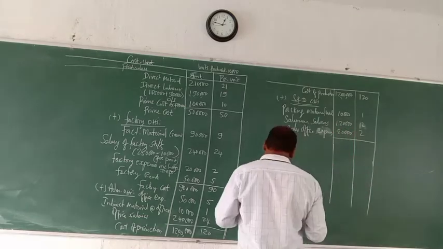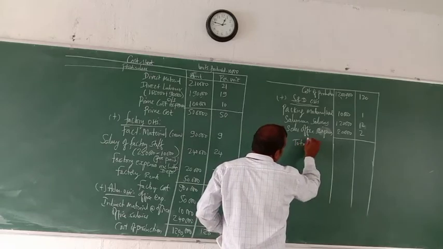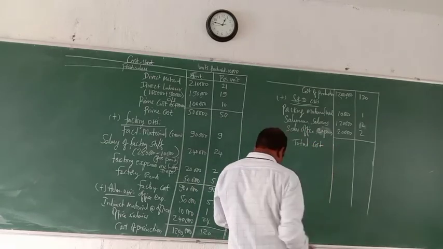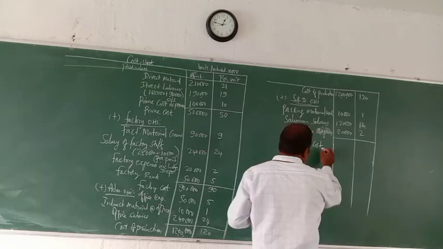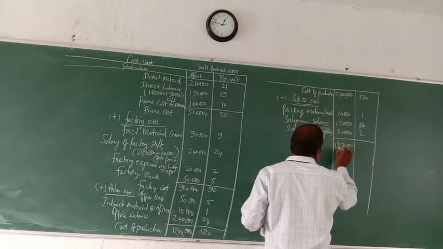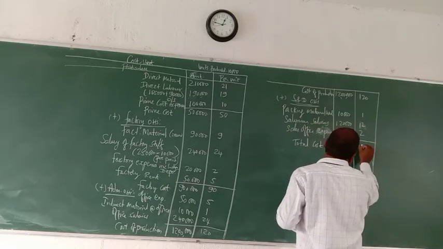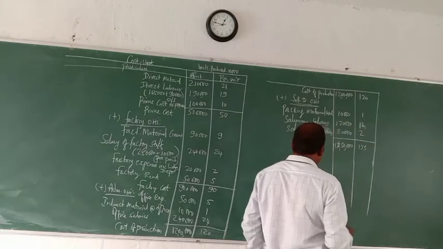For this total, we have to write total cost, 13,50,000. 13,50,000 divided by 10,000, you get 135.